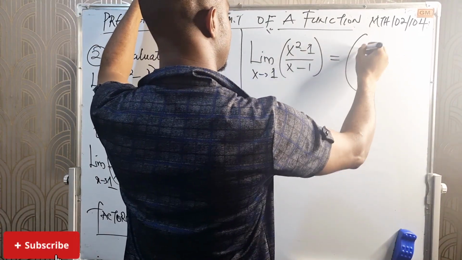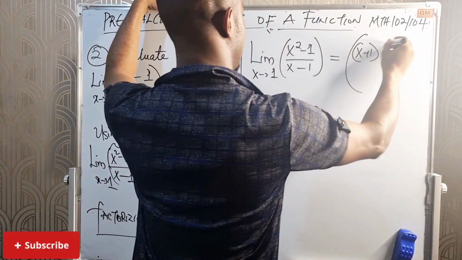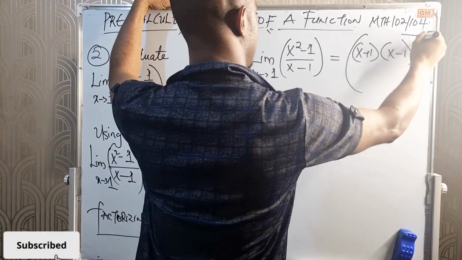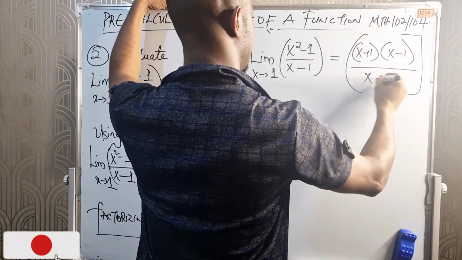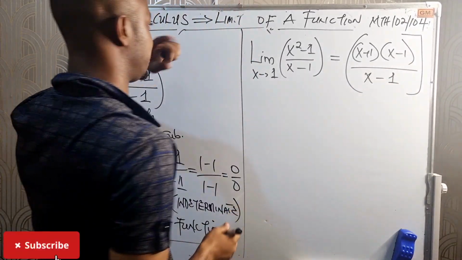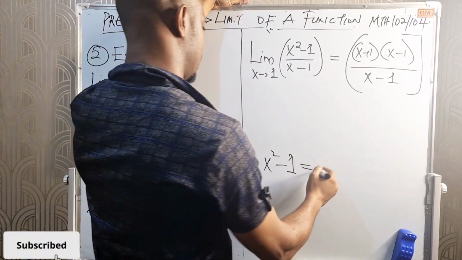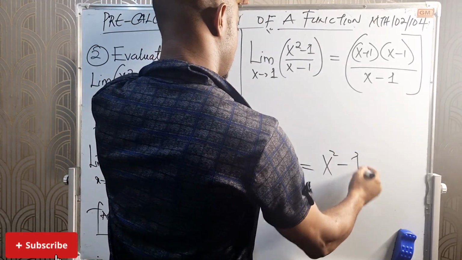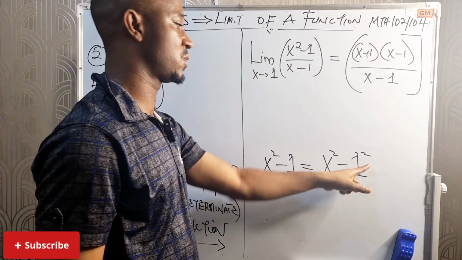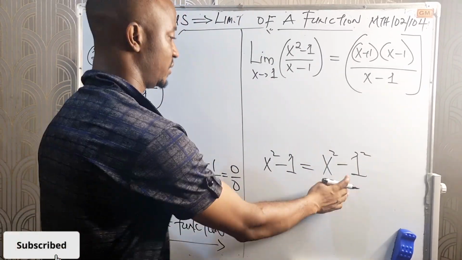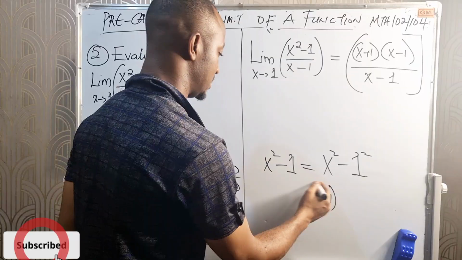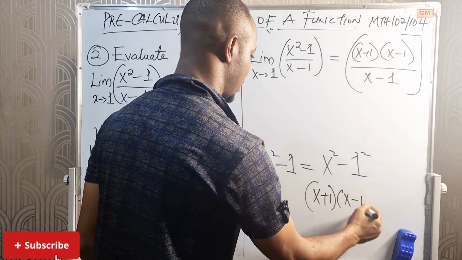Okay, so for this, we're going to factorize this, right? It becomes x plus 1 and x minus 1, all divided by x minus 1. On the principle of difference of two squares, x squared minus 1 is the same as x squared minus 1 squared, and 1 squared is the same as 1. So the principle says x plus 1 times x minus 1.